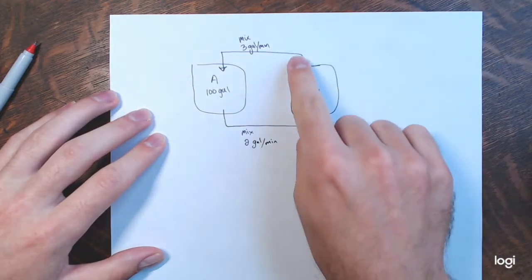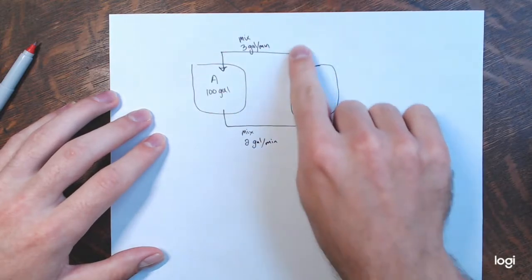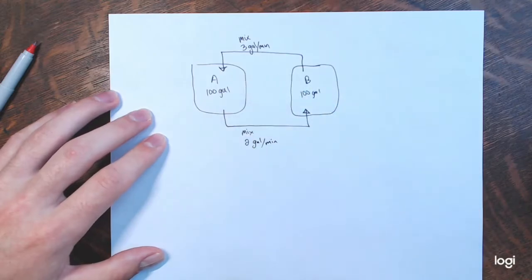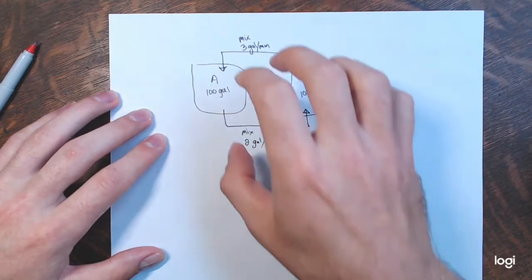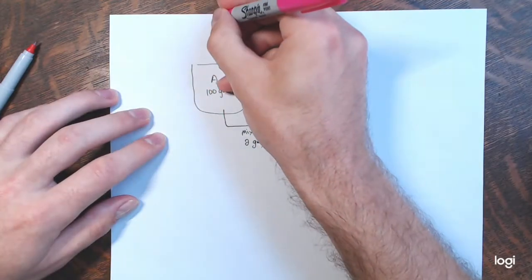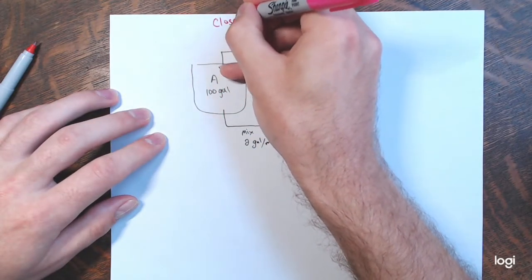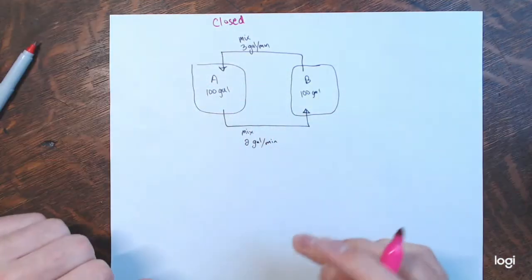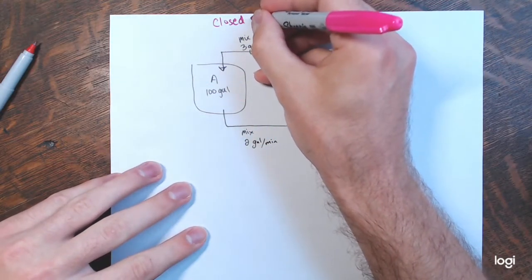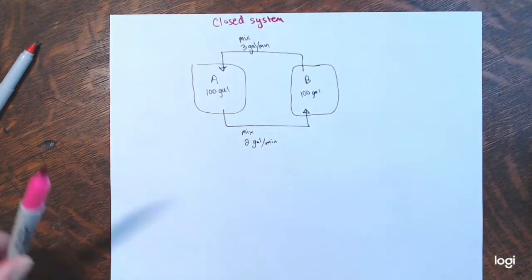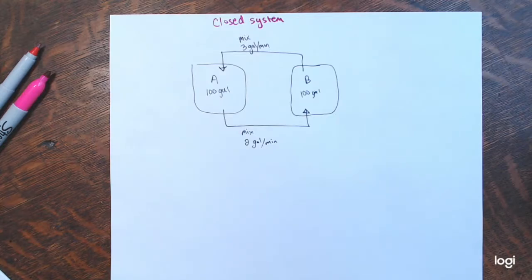The solution is just flowing around and around between these 2 tanks. It is what they would call a closed system. So that previous example would be an open system, because things are going outside the system of tanks. So here's a closed system of tanks with this mixture flow.